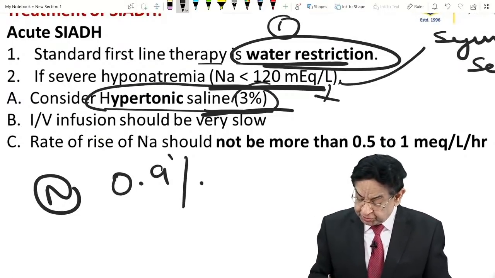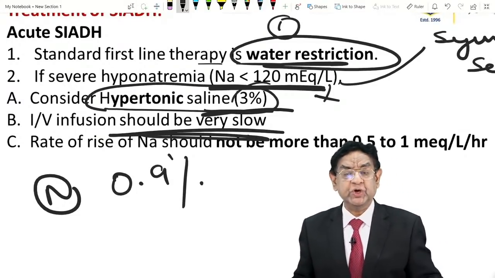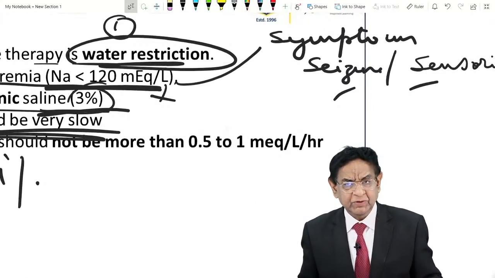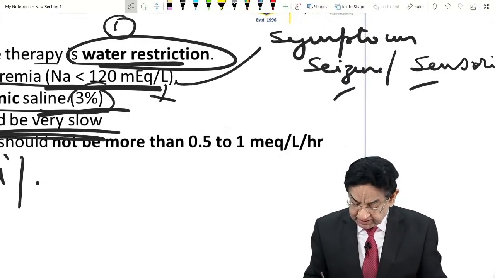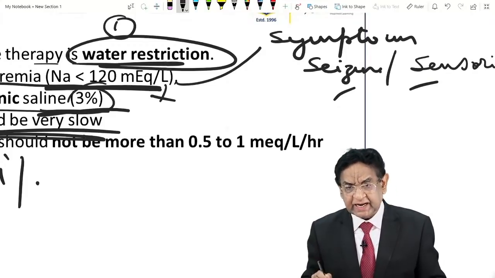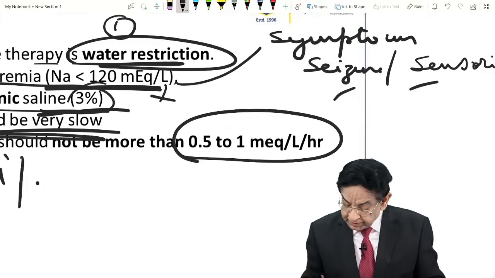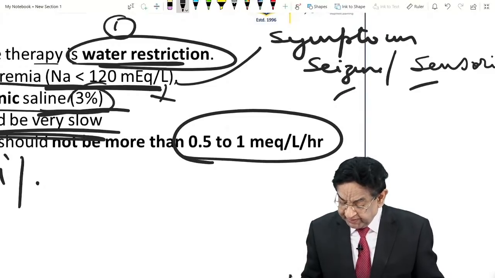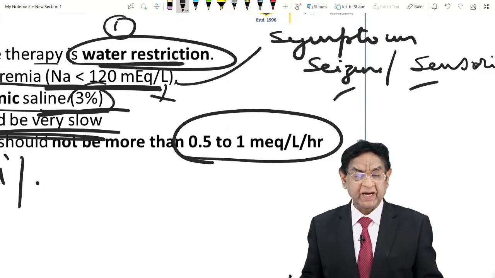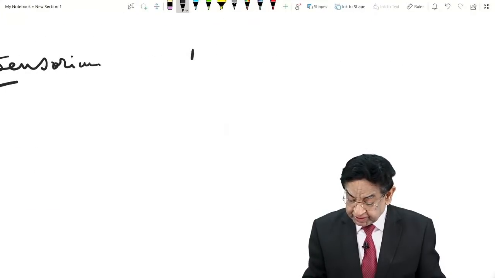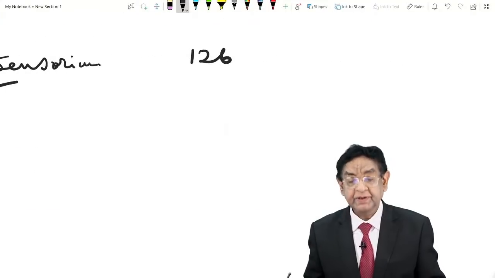This infusion should be very, very slow. That means you give saline such that sodium level should not increase more than 0.5 to 1 milliequivalent per liter per hour. Right now it is 126.